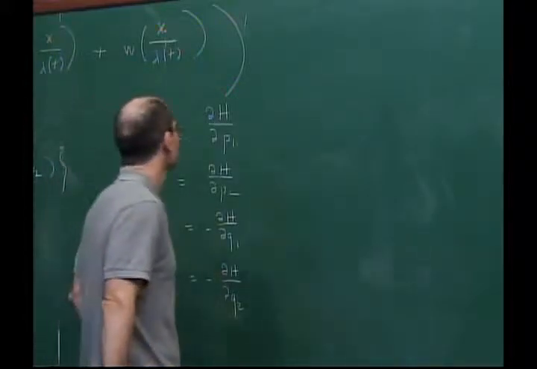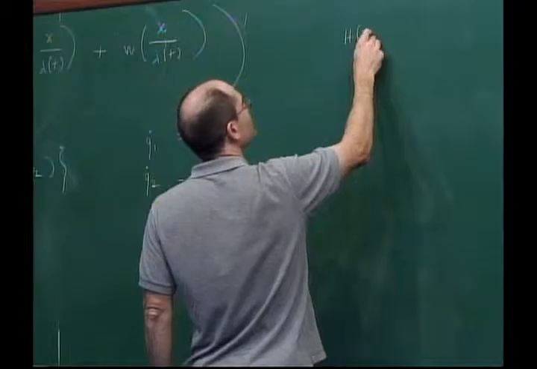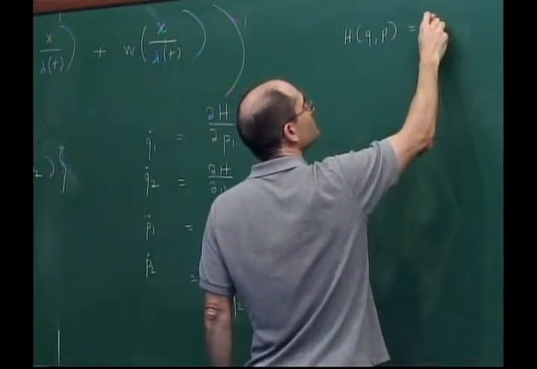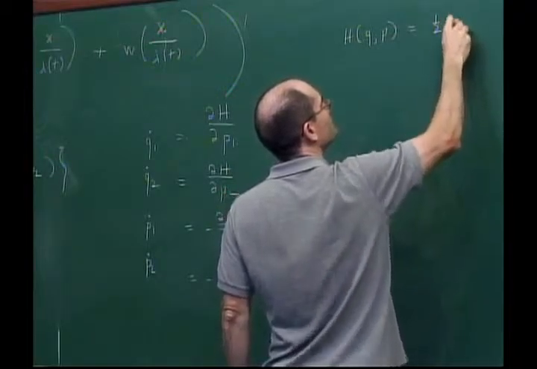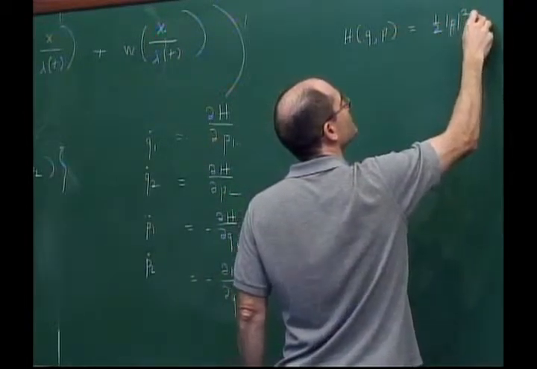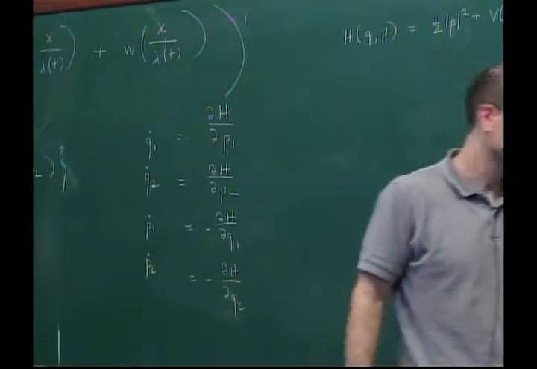All right, so for example, you could take H of Q, P to be 1/2 Q squared, 1/2 P squared plus V of Q, and that gives you the standard mechanics.